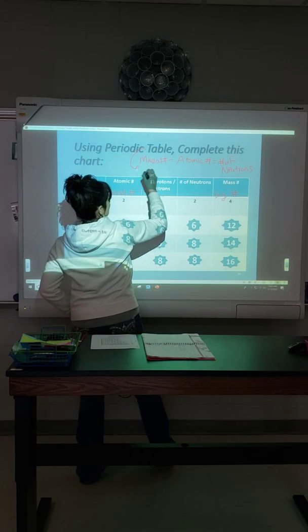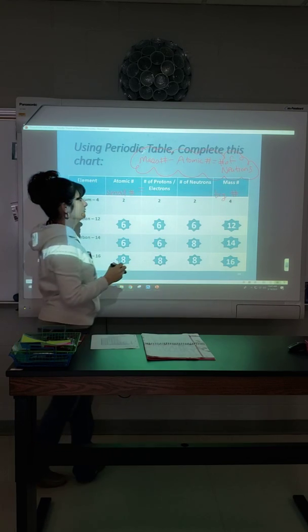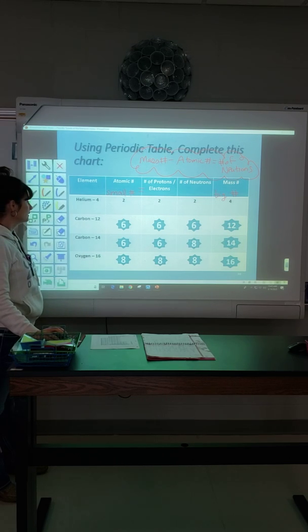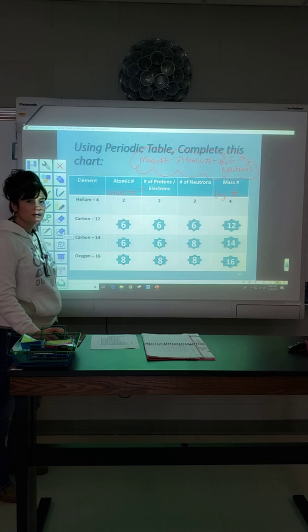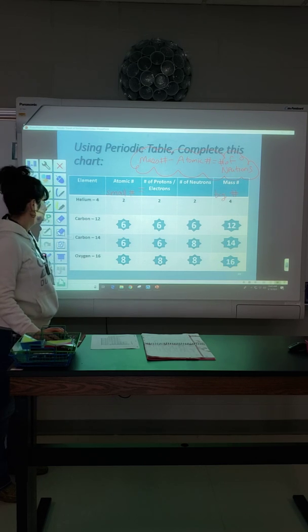And this is the only way you'll know how many neutrons you have. It's the only way. There's no number on the tile that will tell you the neutron number. You have to be a good detective and take what you know and apply it.